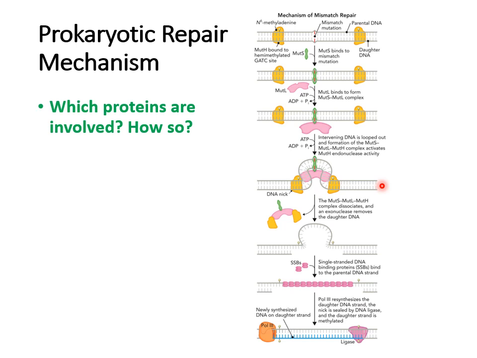Basically, MutS binds to the mismatch mutation. So MutS is going to be the first one, and that leads to the subsequent steps, beginning with the ATP-dependent binding of MutL. So now you have MutL over here as well. So you see that here.